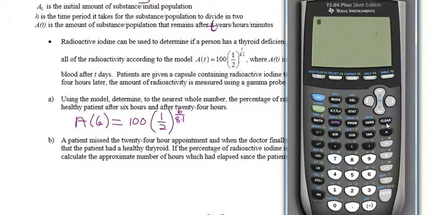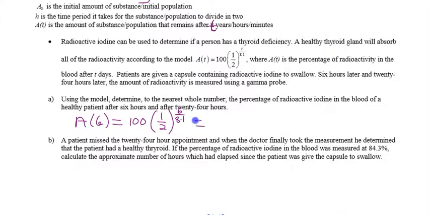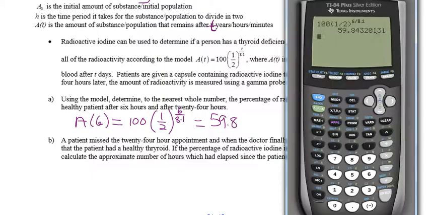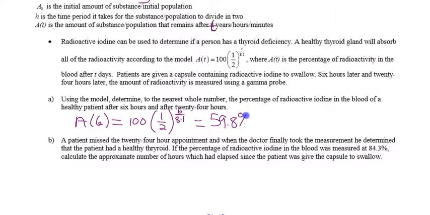So it's 100 bracket 1/2 to the power of 6 divided by 8.1. So 59.8%. There's 100% at the beginning, and 59.8% after 6 hours.